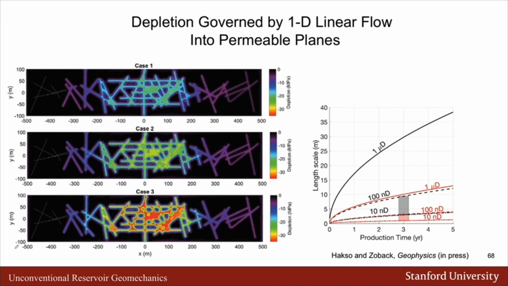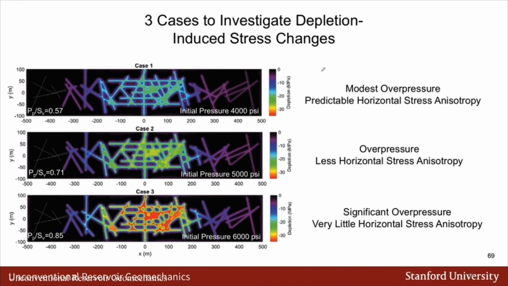And so these three cases we considered not only help us visualize depletion, but also help us calculate the associated poroelastic stress changes, and what would it mean if there's another well over here with hydraulic fractures propagating toward the depleted zone of the well that's shown. Now, the starting position for these models is moderate overpressure.